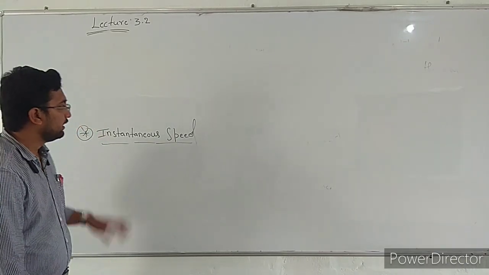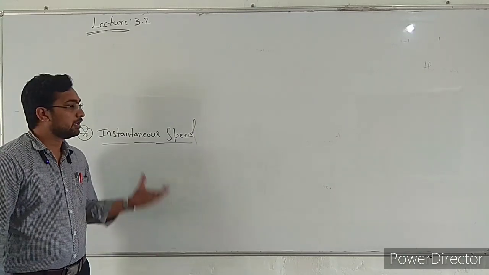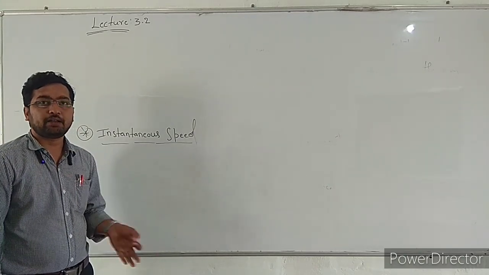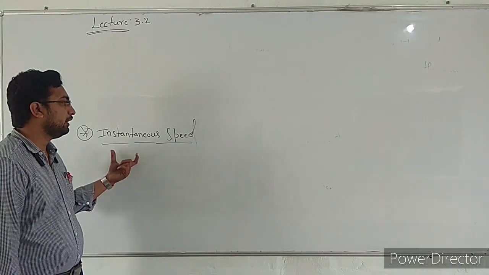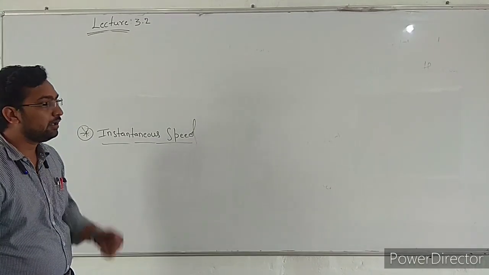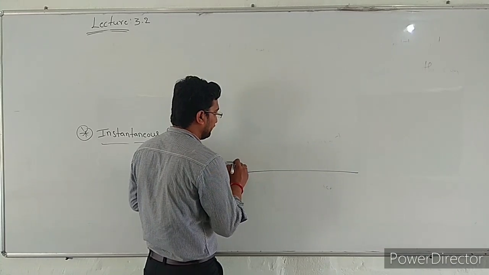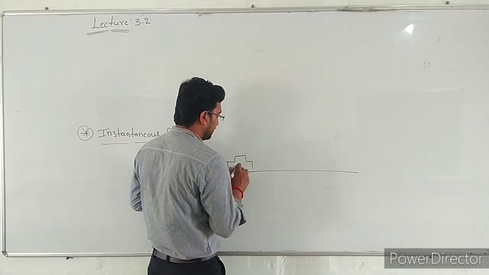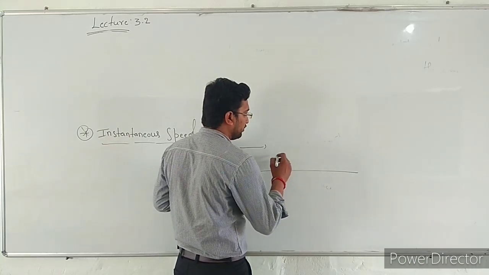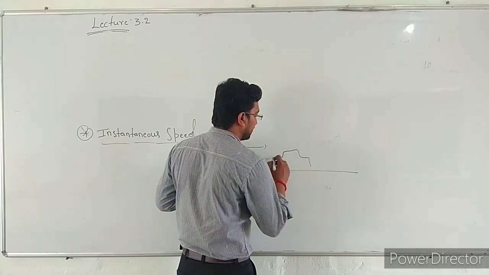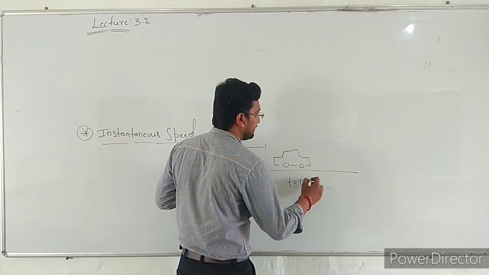Okay, the last one is instantaneous speed. What do we mean by instantaneous speed? Instantaneous speed means the speed of an object at a given instant of time. For example, a car is moving in this direction with some speed, and we want to calculate the speed of the car at t equal to 15 seconds.